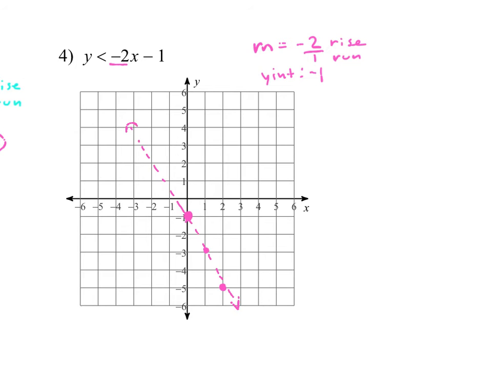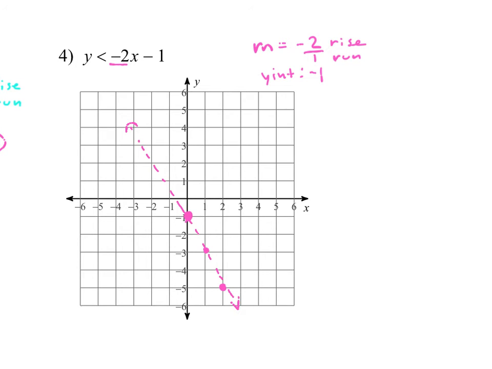Lauren, what do we do next? Find a point. Plug in a point, so we're testing a number. Lauren, what number can we test? 0, 0. So we're going to plug in 0 for x and plug in 0 for y.